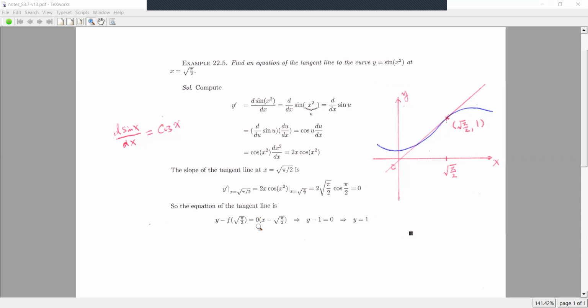It's equal to the slope, which is 0, times x minus x1, where x1 is the x coordinate of this point. Now simplify this equation, then we get y is equal to 1. The graph of this equation is a horizontal line.